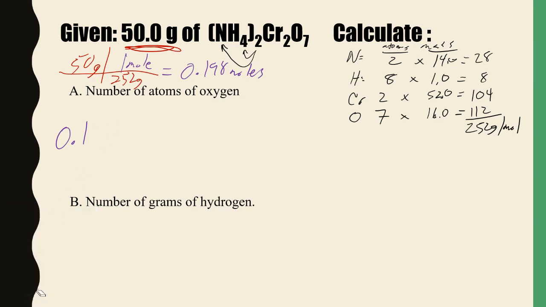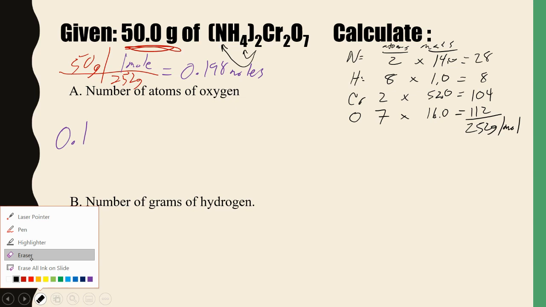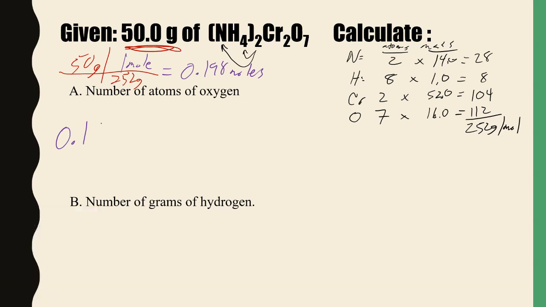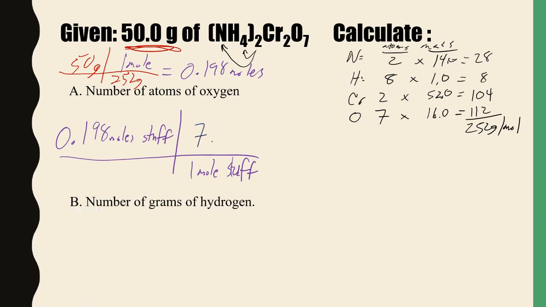I'm just going to call it stuff because that means as much to you as ammonium dichromate. So there's 0.198 moles of this stuff, and for every 1 mole of stuff, we have 7 moles of oxygen.